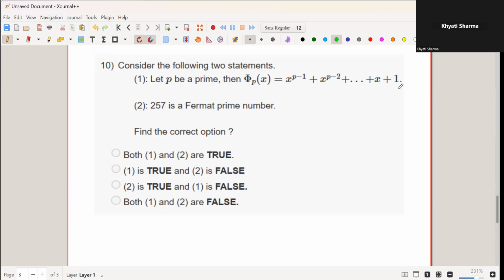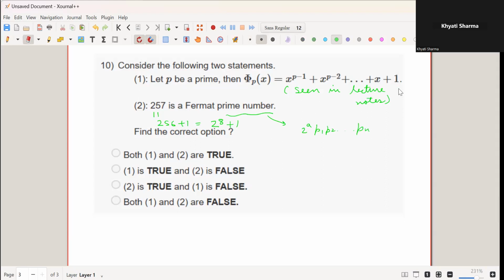That we have seen in the lecture notes. This is the cyclotomic polynomial phi p of x, and 257 is of the form 256 plus 1, which is 2 raised to 8 plus 1.